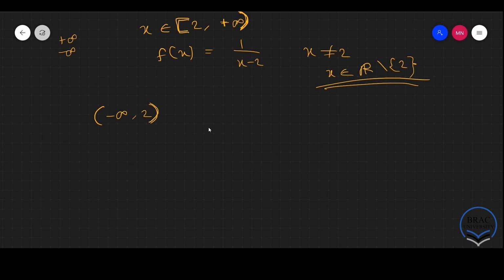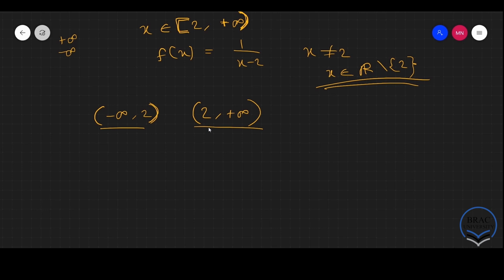But x can also be part of this other interval that starts from 2 to positive infinity, right? So x can be a value in this interval as well as this interval, right?